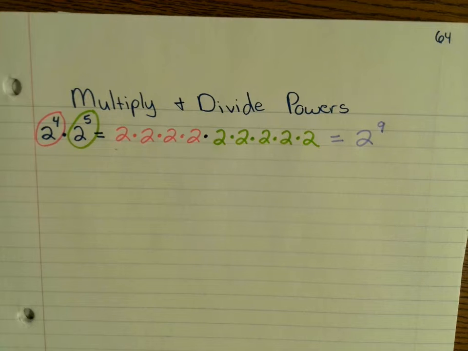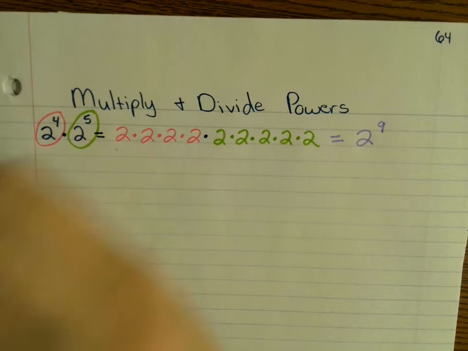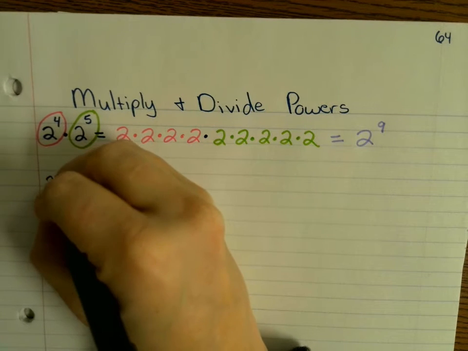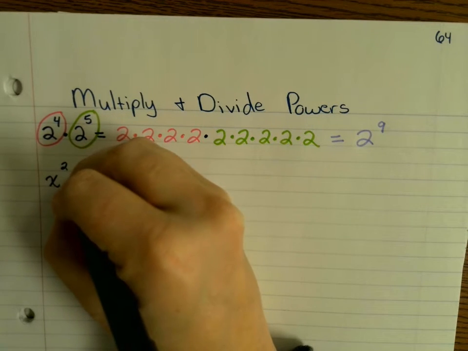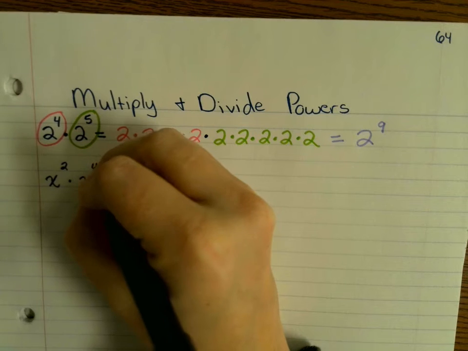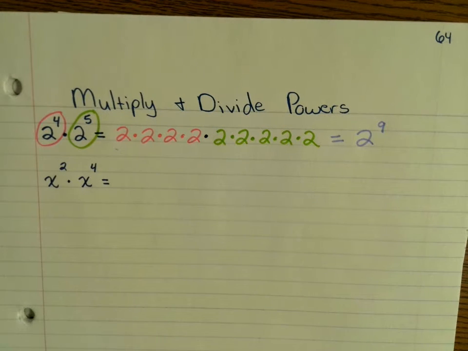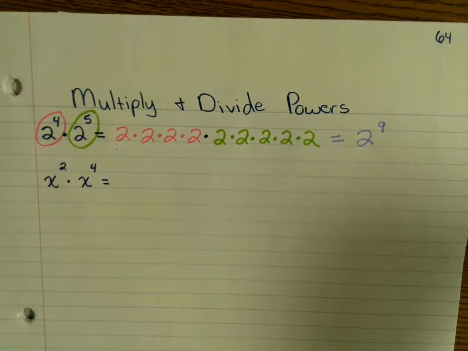Okay, same thing if you're talking about, remember I told you we're going to be involving variables now as well. So if we had x squared times x to the 4th power, it's the same idea.